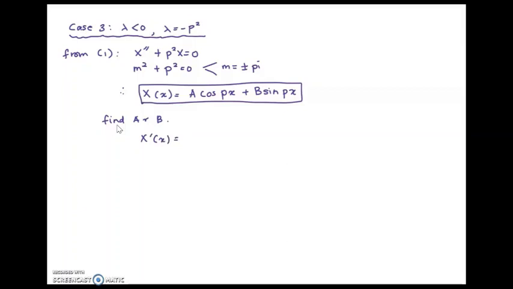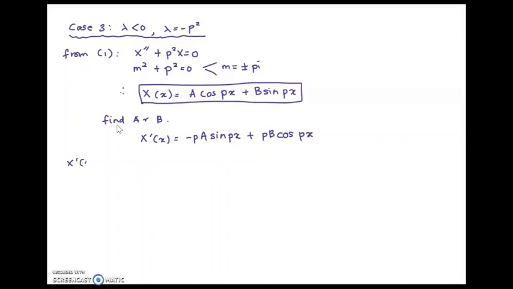You differentiate cos, you have negative sine, so you have negative pa sine px plus pb cos px. That is your derivative. Then you can apply the boundary condition.